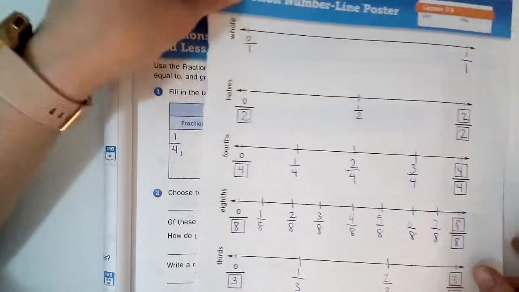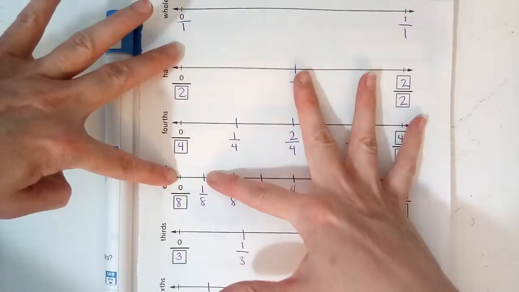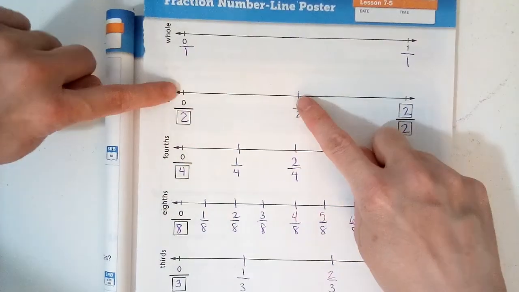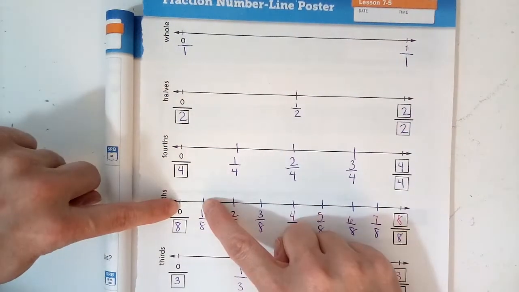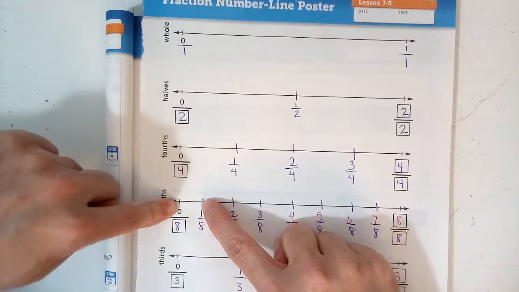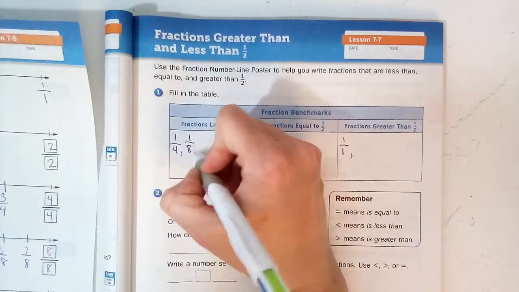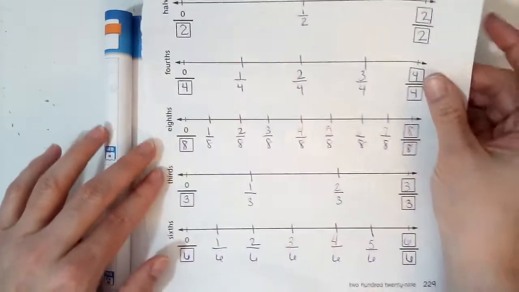What about 1/8? Is 1/8 less than or greater than 1/2? Whoa. 1/2 goes all the way here. 1/8 is kind of tiny compared to 1/2. So we're going to put 1/8 there. Let's look at 1/3.